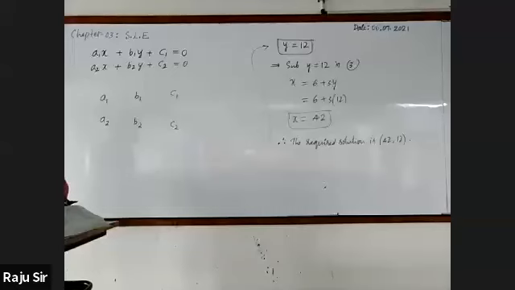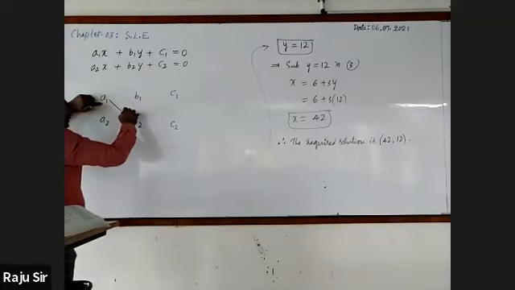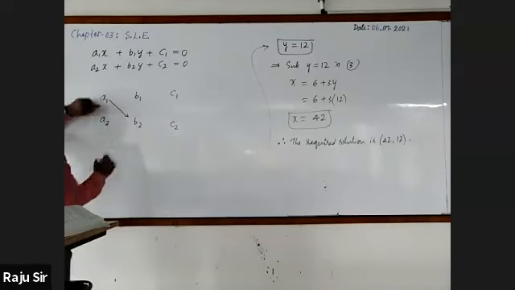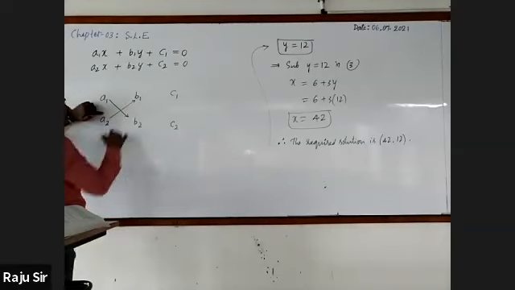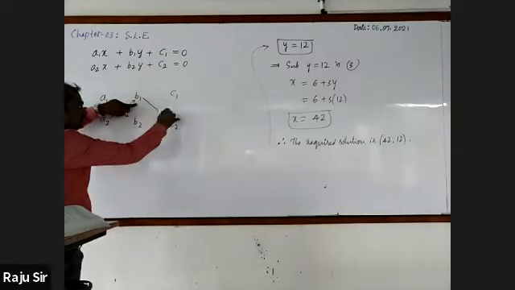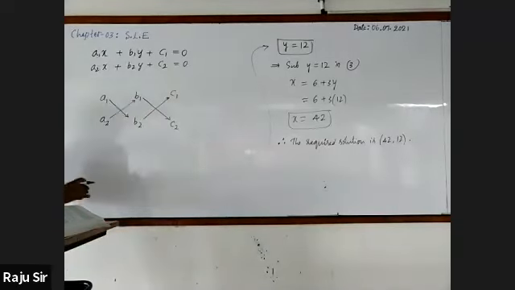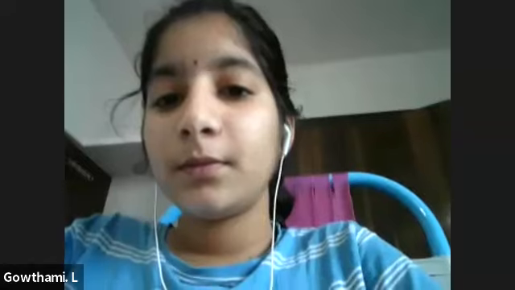Here, as the method says, cross multiplication. So we can go for cross multiplying a1 with b2, then a2 with b1, next b1 with c2, b2 with c1. Is there any other possibility? Yes, c1 with a2, then a1 with c2.